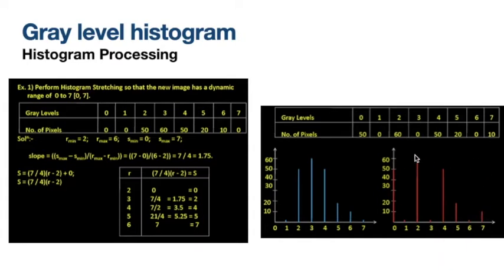Using this data you draw a histogram and you get a graph like this, which is a stretched histogram. Here the values were concentrated between 2 and 6, and now they are stretched so that the range is increased to 0 to 7.